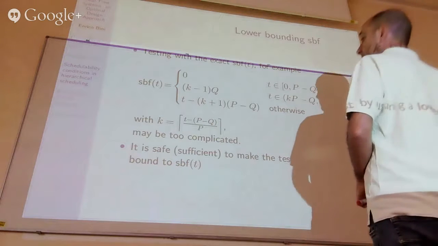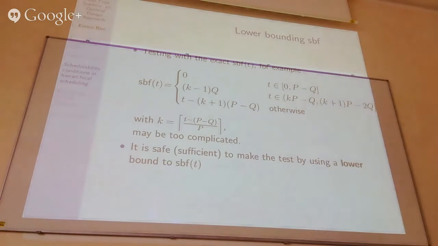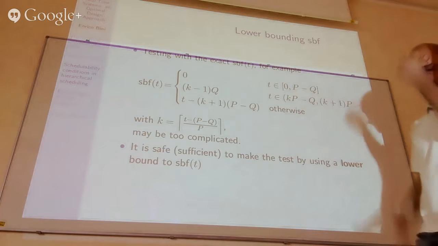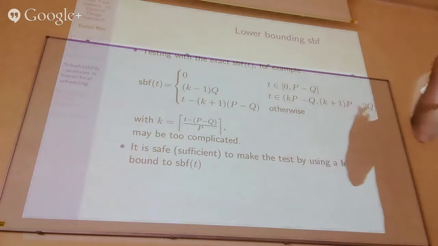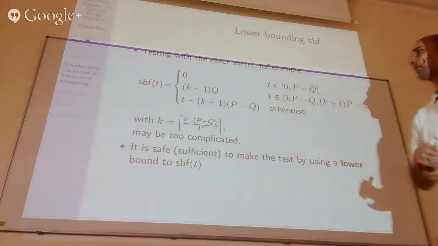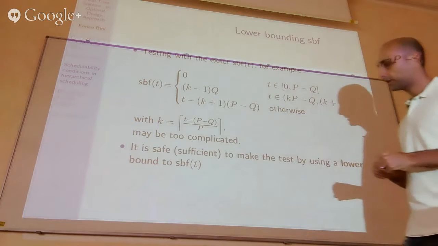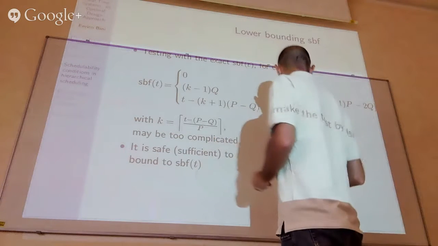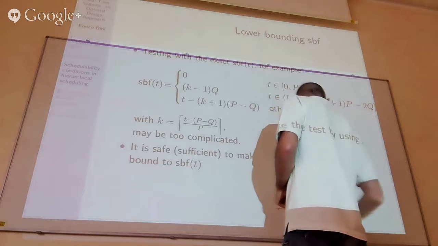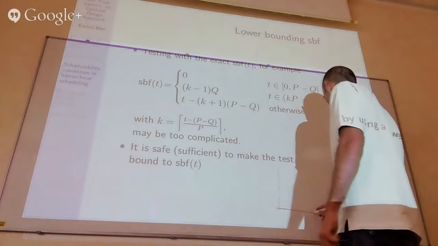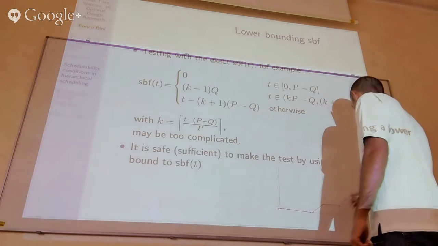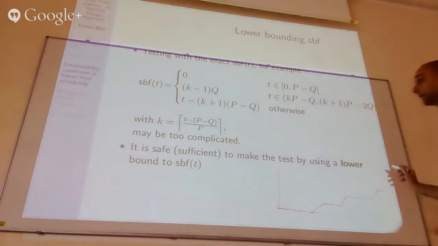Okay, right. So testing. Let's take the case with the periodic resource server, which is very common, and so this expression appears very often. But what's the point? The point is that sometimes making the test with a supply bound function in this form may be too complicated.